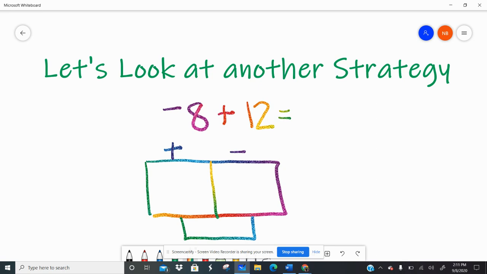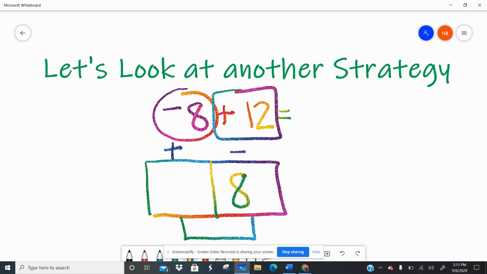So I look at my two integers. The first one is -8. So the negative team has 8 points. The second one is +12. So the positive team has 12 points. So now I look at who's winning, who has more points, and by how much. So the positive team is winning because they have 12 points, and 12 is more than 8.